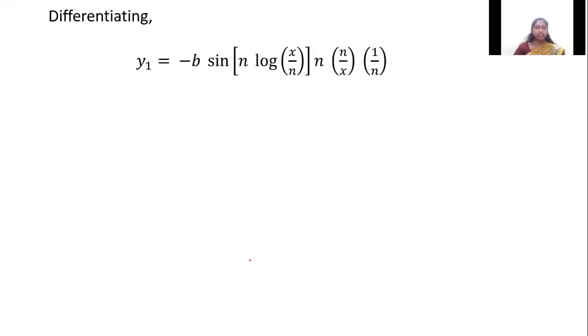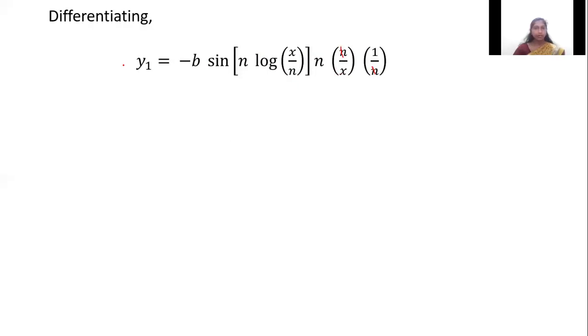Now differentiating, what we get, y1 is equal to minus b sine n log x by n into the derivative of n log x by n, which is n into 1 by x by n, which can be written as n by x into 1 by n. Now we can cancel the possible like terms from the numerator as well as the denominator. You can see that there is an x in the denominator.